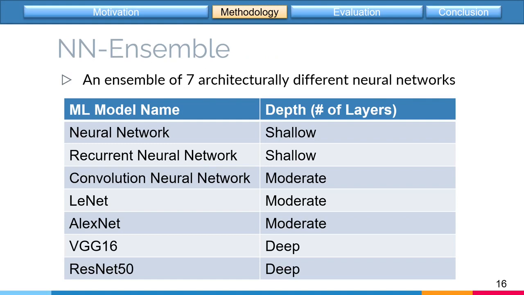We built NN Ensemble with 7 neural networks, choosing neural networks with varying architectures and depth, from shallow to deep. For example, a recurrent neural network works very differently from a ResNet 50, which has residual layers. The architectural diversity allows each model to focus on different parts of the input feature space, and thus behave uniquely in the presence of training data faults.